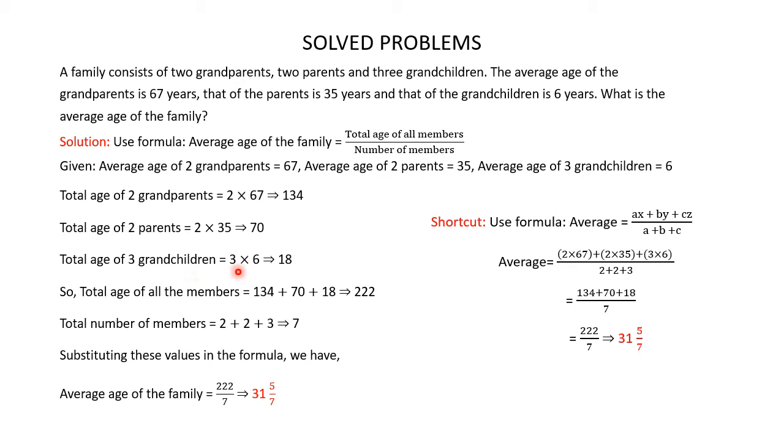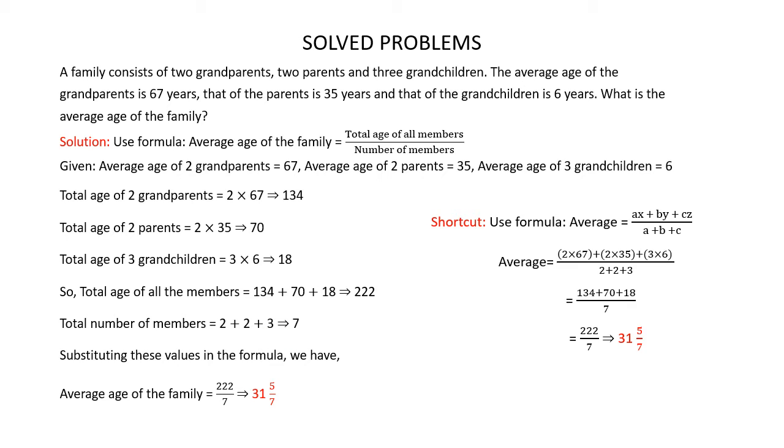This gives us 3 multiplied by 6, which is 18. So, the total age of all the members is 134 plus 70 plus 18, which gives us 222. Also, we know that the total number of members is equal to 2 plus 2 plus 3, which is 7.